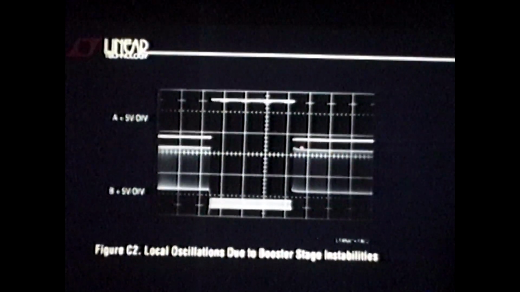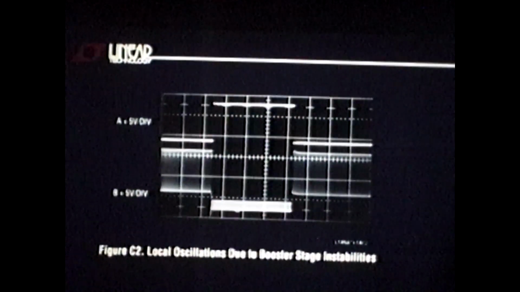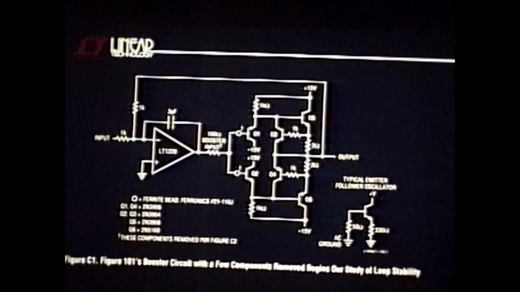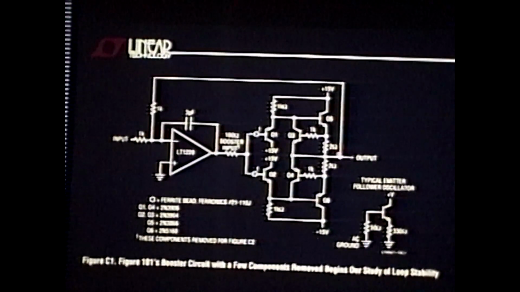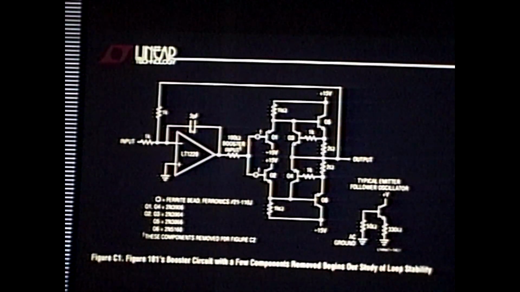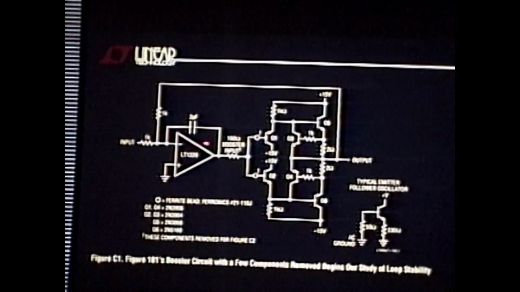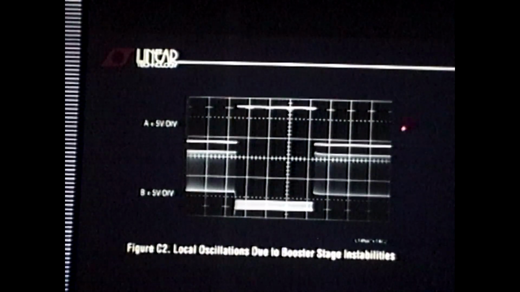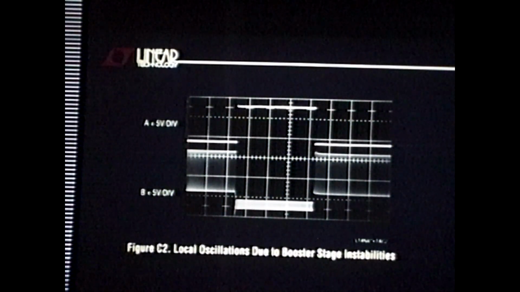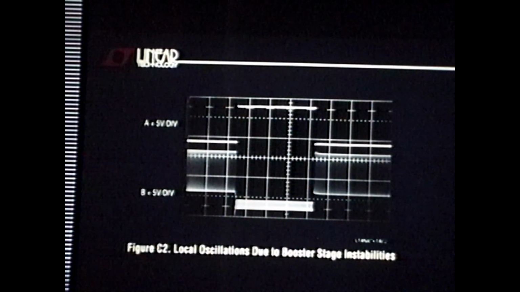So what that says is this stuff is in the tens of megahertz range. The first thing you want to know in a circuit like this is, is it a loop oscillation or is it local, device level? Presumably the op amp was debugged prior to sale for oscillation problems. When you see real fast stuff like this, tens of megahertz, the likelihood is it's device level stuff.